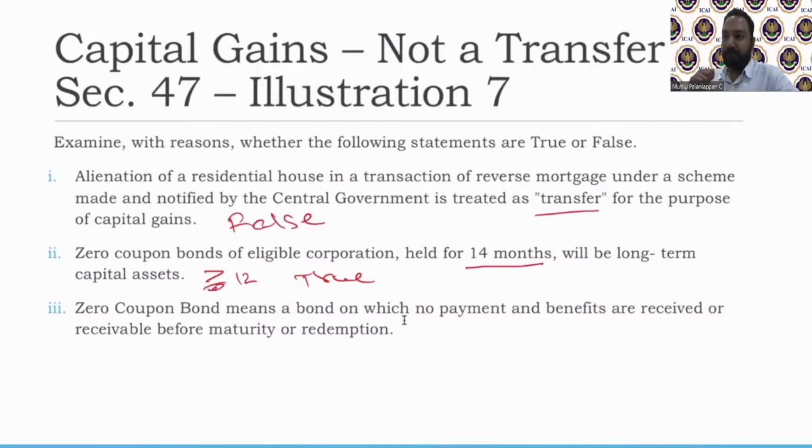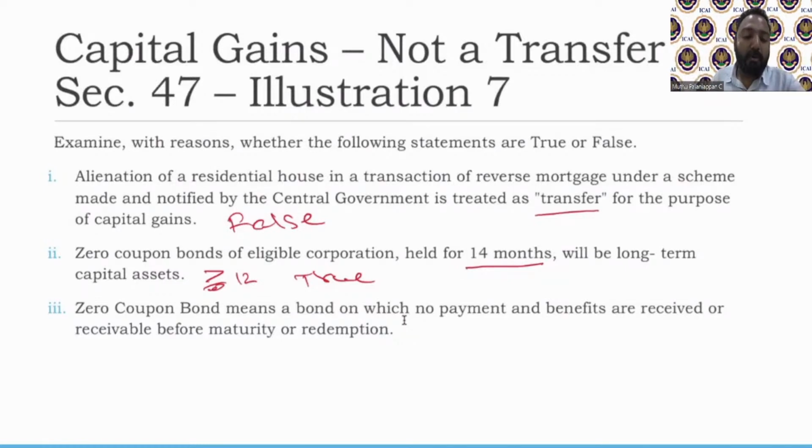For this, there is nothing on maturity or redemption. There will be no additional benefit received at the end of the period. Whatever I issued is a bond. At the time of maturity or redemption, I get back the money. So this is basically what a zero coupon bond is.